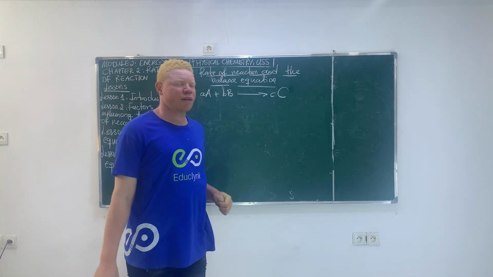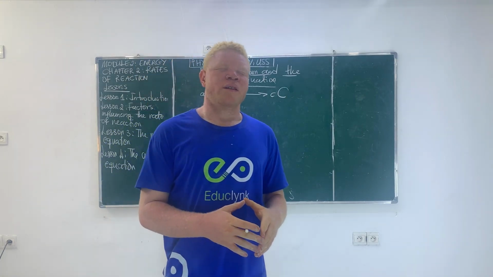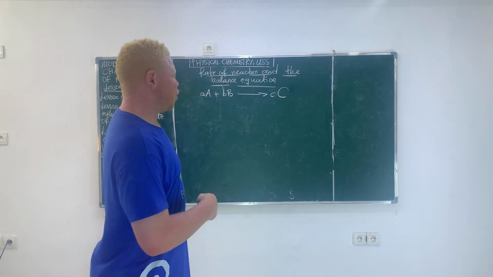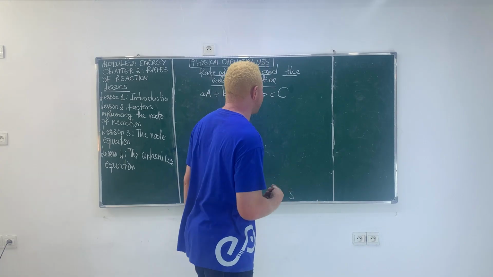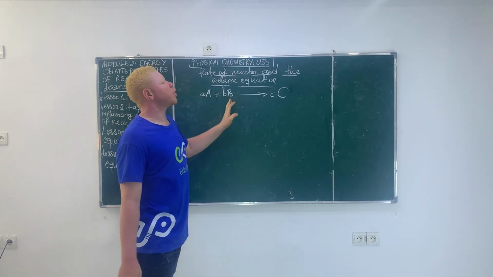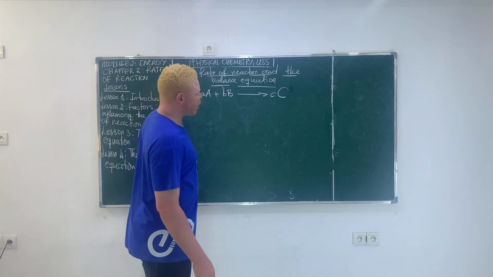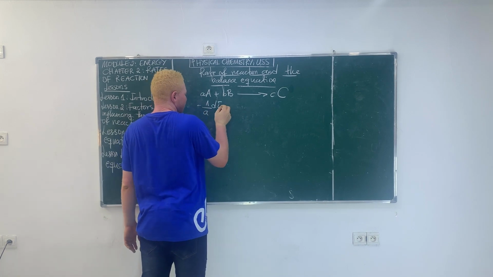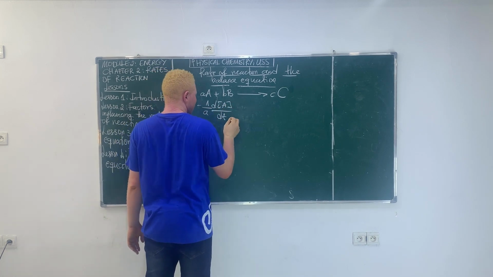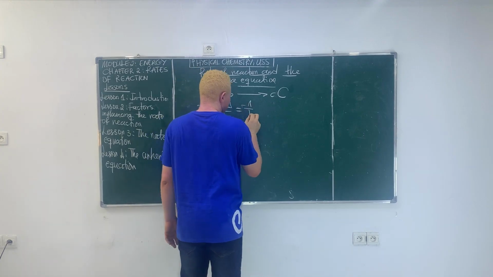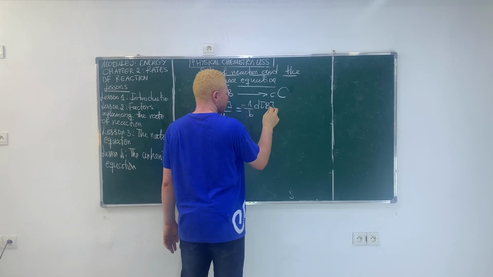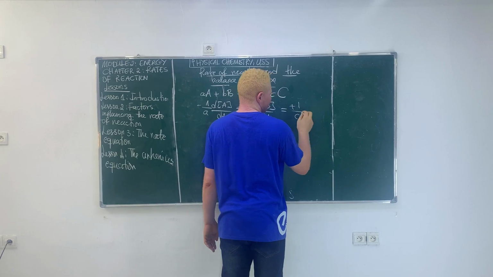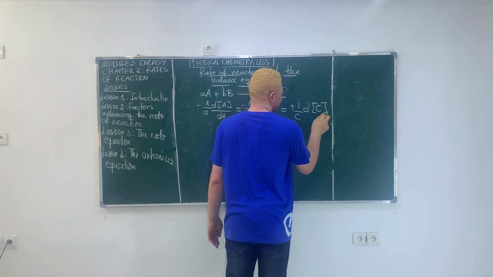How does the rate of reaction vary with the different reactants or products in the reaction? In this case, we use the equation: rate equals negative 1 over a dA dt, equals negative 1 over b dB dt, equals positive 1 over c dC dt.